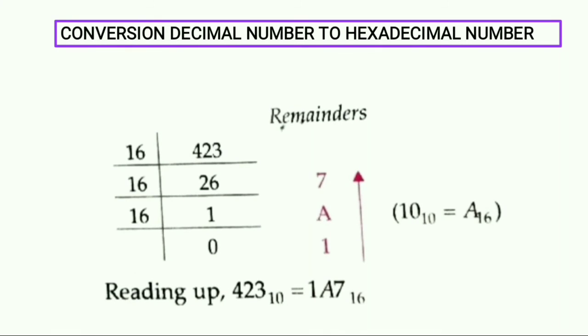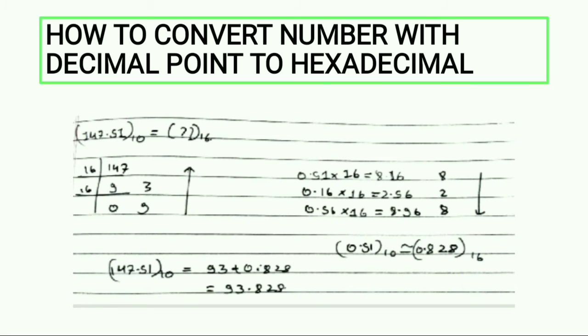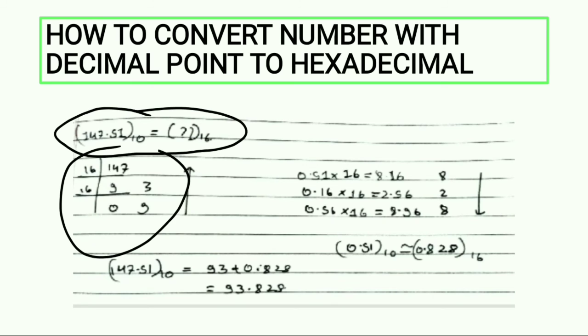Now we will convert a decimal number to hexadecimal having a decimal point. We will convert 147.51 to hexadecimal. For 147, the process is the same as we studied in the previous slide. Now we will convert the part after the decimal point, that is 0.51, to hexadecimal. We multiply 0.51 by 16 and get 8.16.